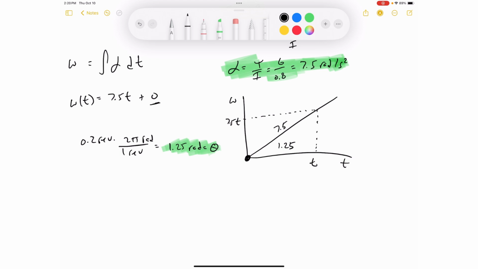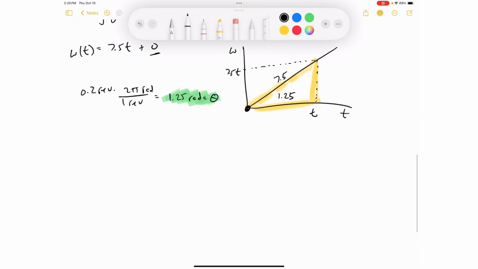Like you've probably seen in some of my other videos, this is a triangle, so we have to do some triangle math. The area of a triangle is 1/2 times base times height. The area is 1.25 equals half, the base is t, the height is 7.5 t.